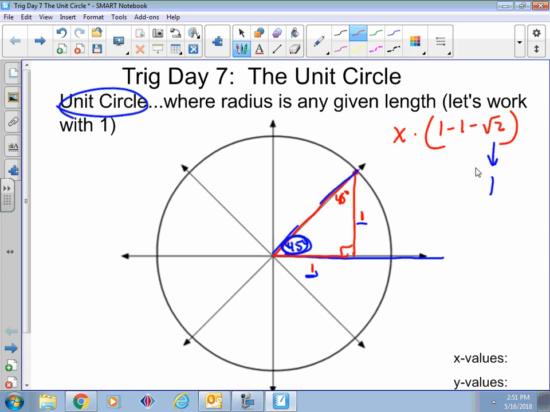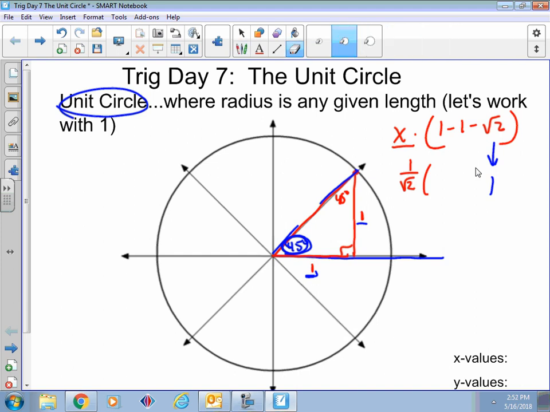Well, how would I make that hypotenuse side a 1? The only thing I'm allowed to do is multiply it by any scale factor I want. So if I multiply by 1 over root 2, which is the same thing as root 2 over 2, I'll leave it as 1 over root 2 for now.